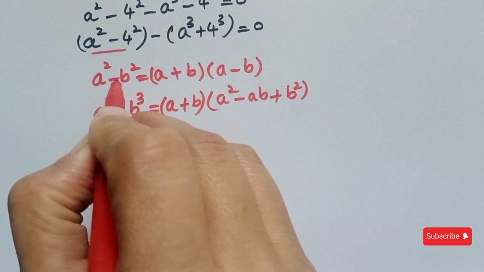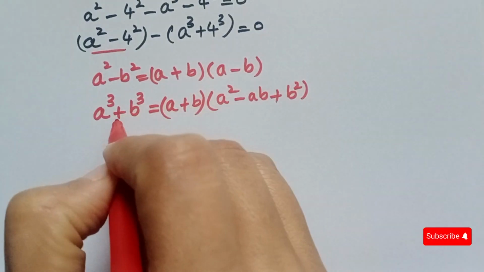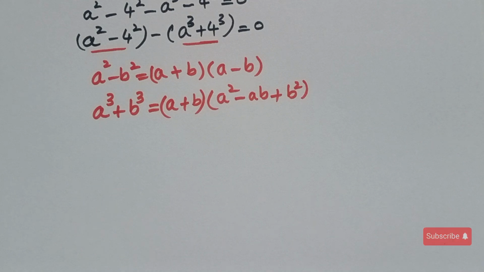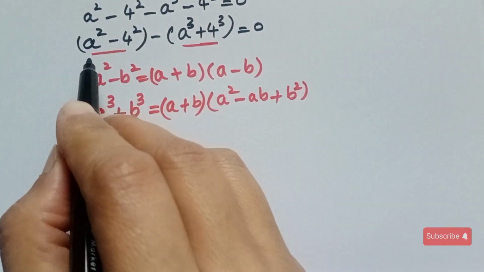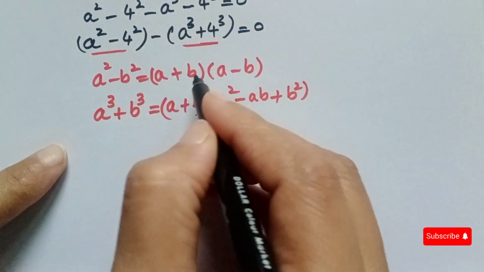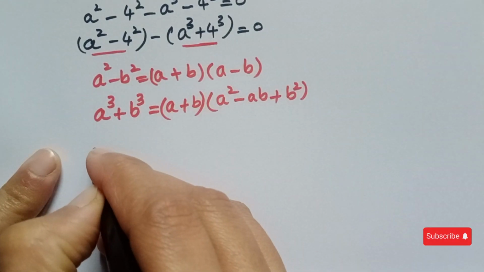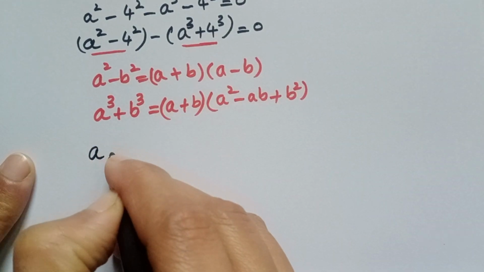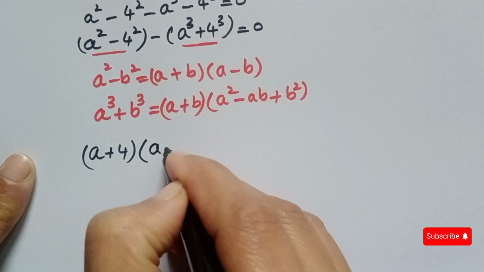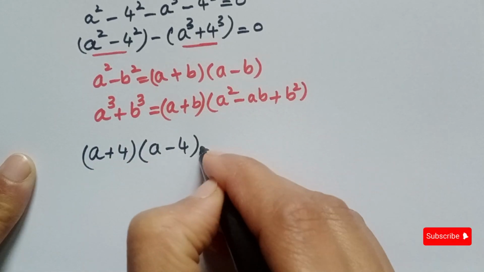This a square minus b square we will use here, and this a cube minus b cube we will use here. So we will write here a plus 4 parenthesis a minus 4, and minus.